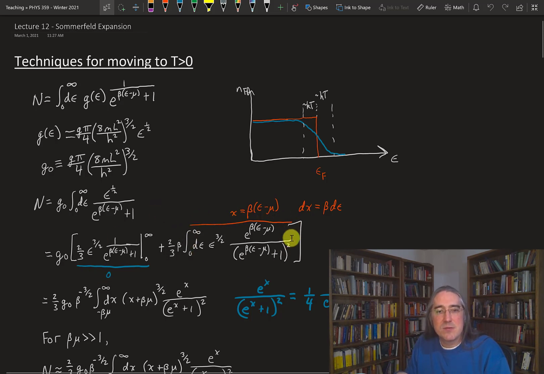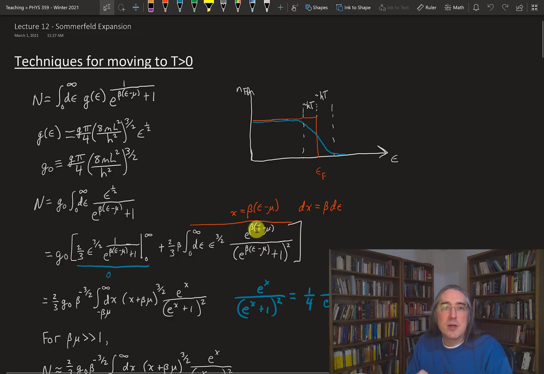Now we've got ourselves something with some localization, right? We've still got this epsilon to the 3/2 that's going to be bothersome. Anytime you have a fractional power, there's a good chance it's going to be bothersome in your integral. But we've now got a localized function. And in particular, it's a function that's localized around epsilon equals E Fermi.